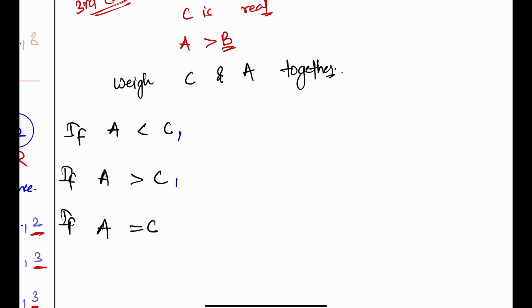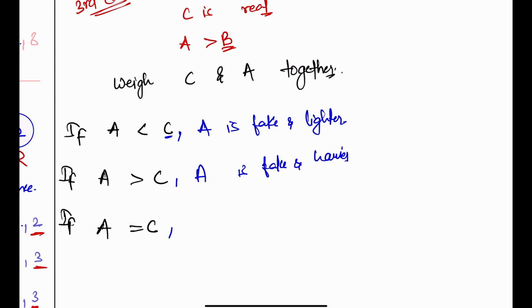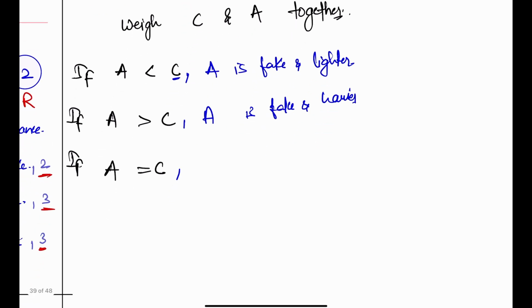If A is less than C, we know C is real, which means A is fake and lighter. And if A is greater, then A is also fake and heavier. And if A is equal to C, which means these two are good, then B will be fake and it will be lighter.